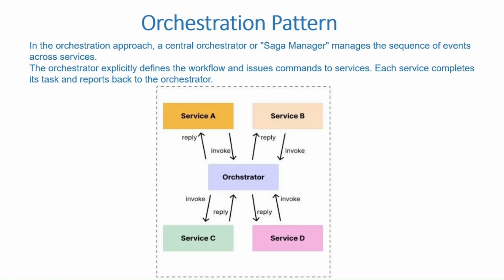This manages the sequence of events across services. The orchestrator explicitly defines the workflow and issues commands to services. Each service completes its task and reports back to the orchestrator. You can see that here services are not interacting with each other. Instead, they are interacting with this orchestrator microservice, which is a coordinator.